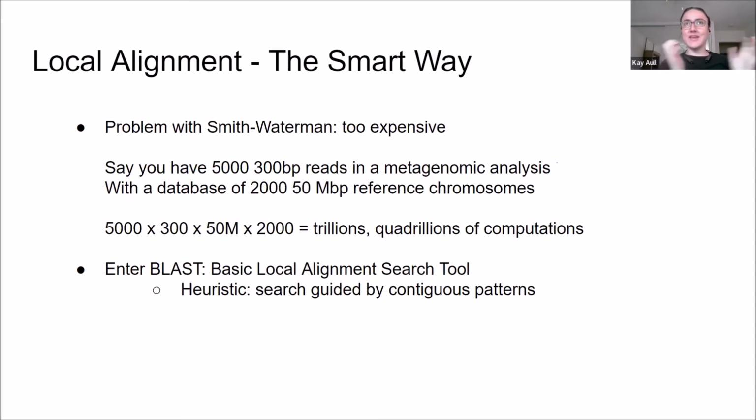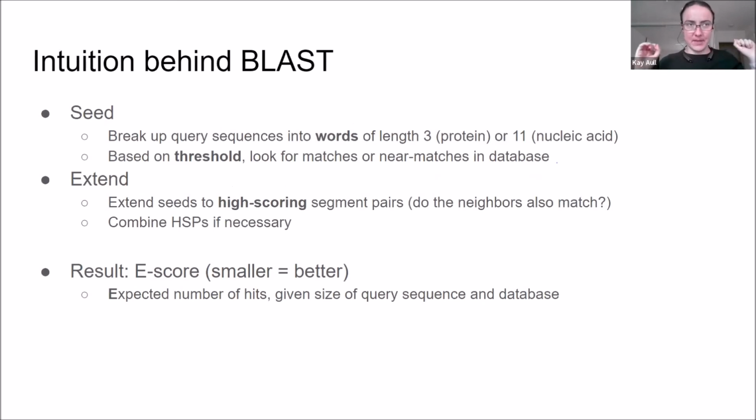And the one that everyone uses and likes is BLAST, basic local alignment search tool. And the way that BLAST works, here's the intuition. You start with a seed, and you break up your query sequence into words, which are generally, for a protein, 3 amino acids.